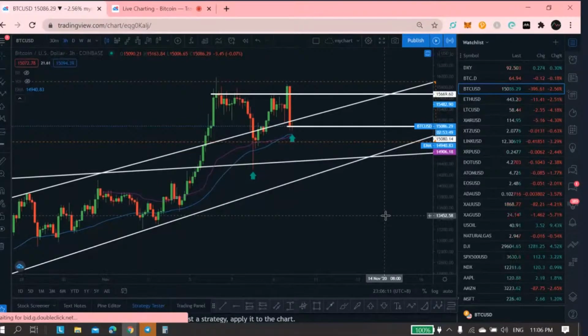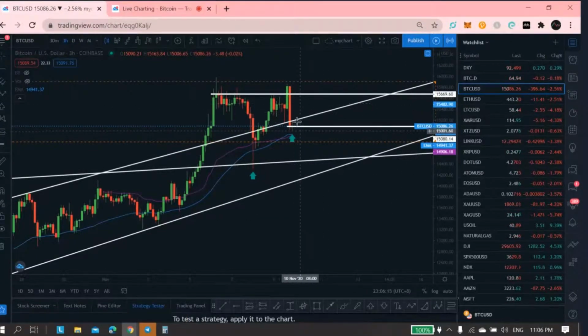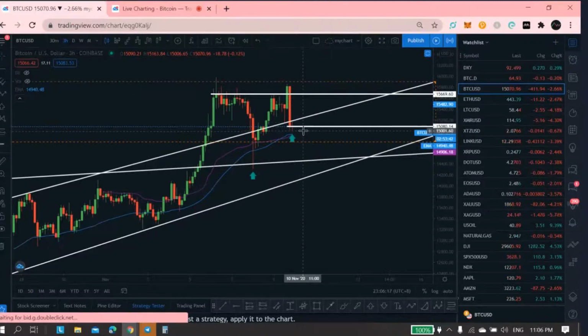So it needs to close at least above that, and that will possibly become the support, or at least this area, this previous resistance, this is the current resistance. So yeah, let's see.